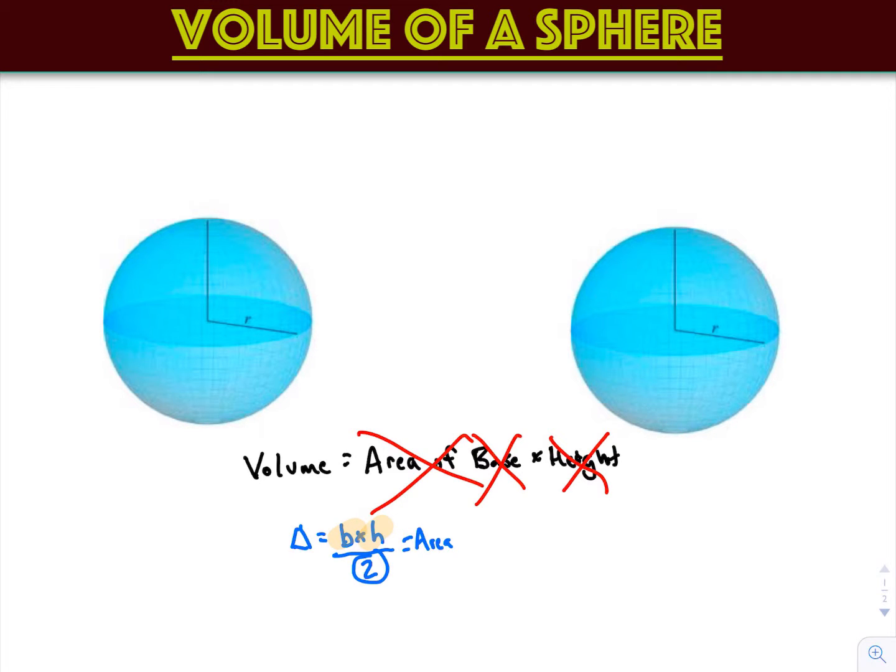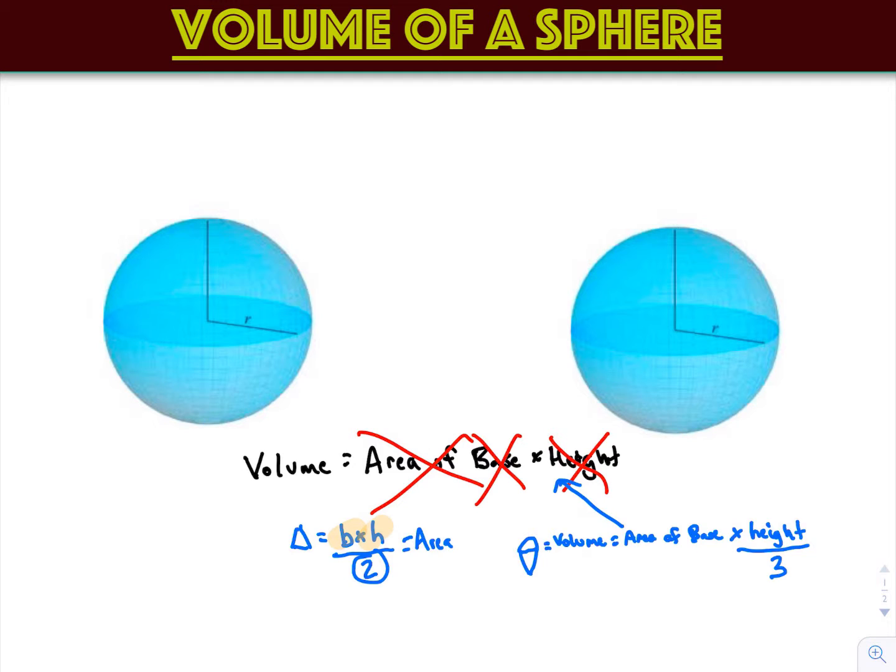When we take this out to a 3-dimensional shape that has a triangular height, such as a cone or a pyramid, any of our pyramids, we notice that the volume is area of the base, and instead of being like our prisms or cylinders where we just multiply by the height, we take the area of the base and multiply it by the height divided by 3. So 1/3 of the height.